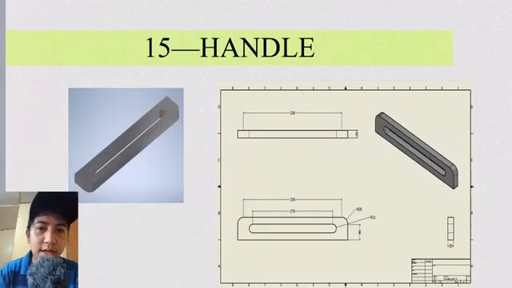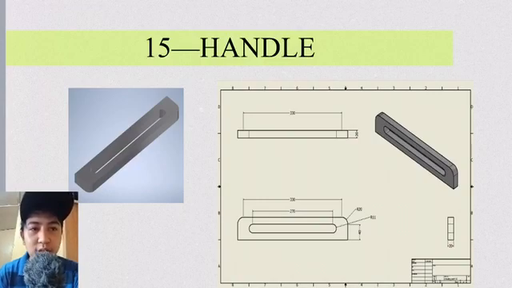So the handle has 330 width with 20 in height, and also has a hollow inside which has 11 radius on each side, and it has 270 width.